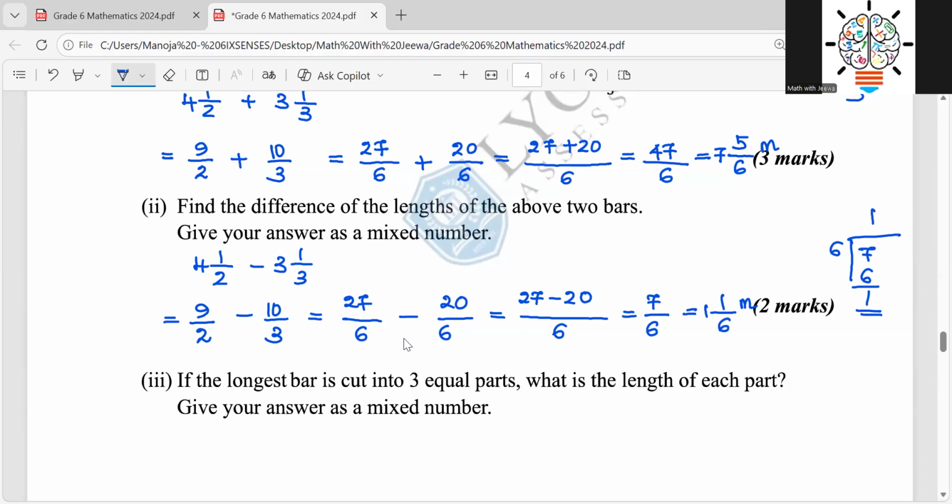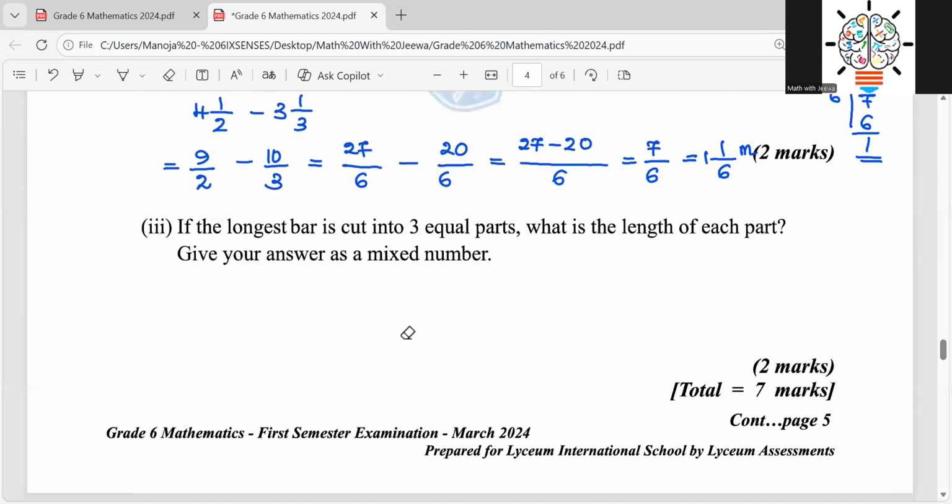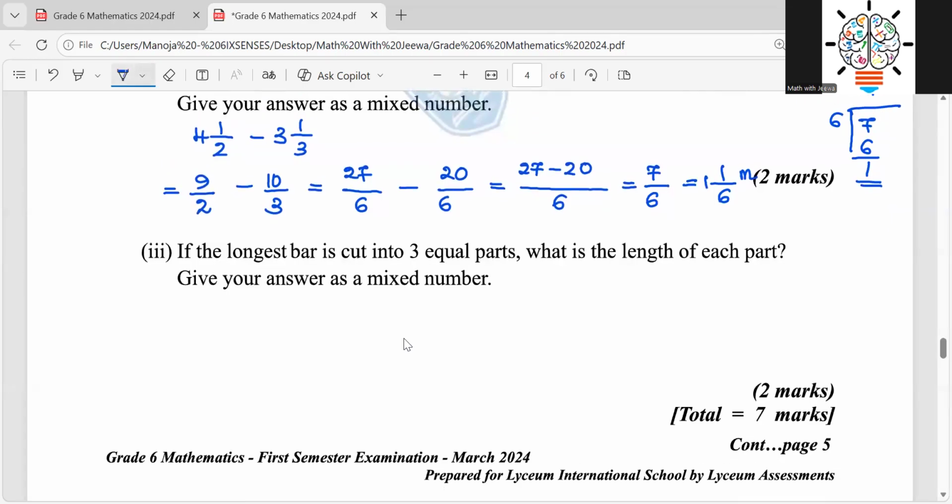If the longest bar, 4.5 meters, is cut into 3 equal parts, what is the length of each part? What does that mean? They are asking about the longest one, 4.5.